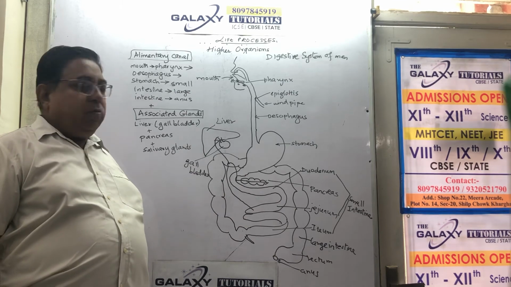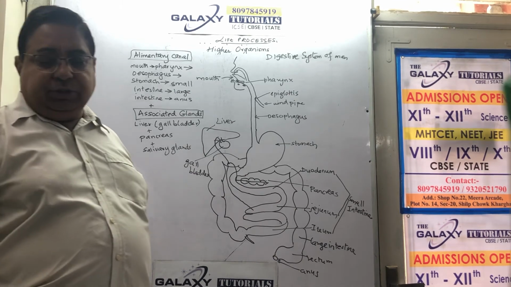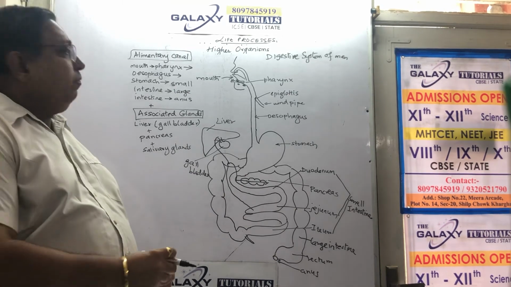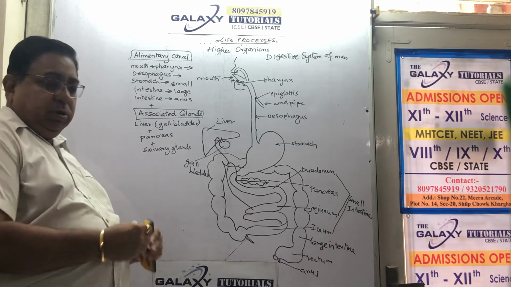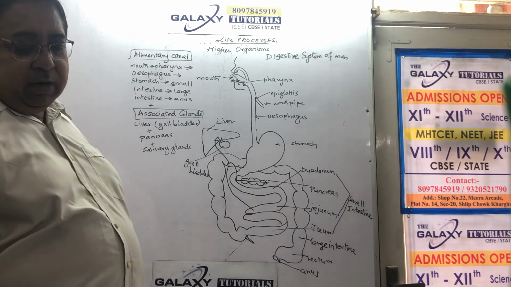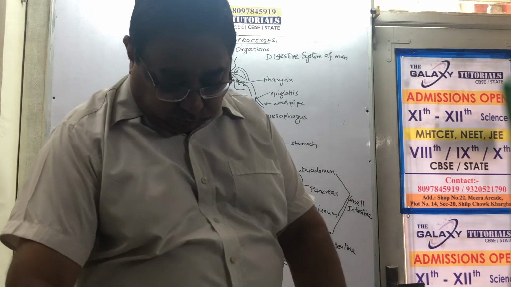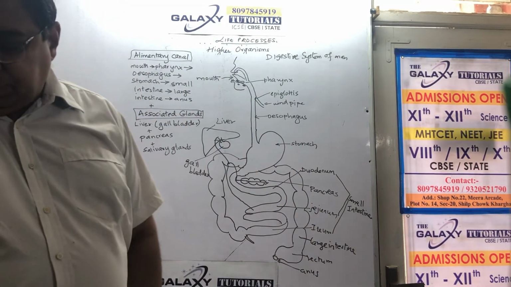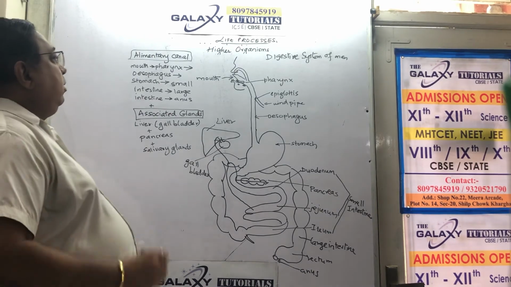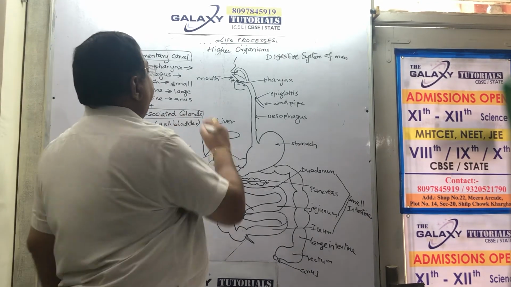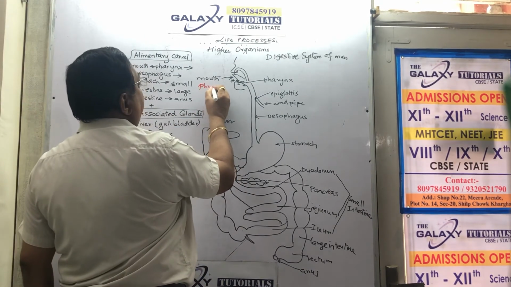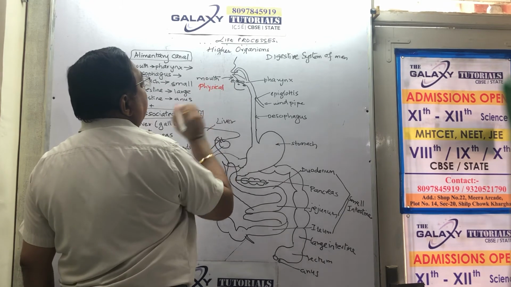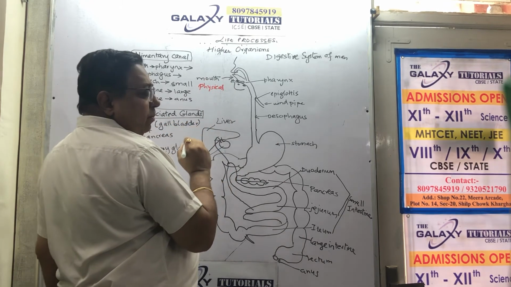Okay, now we will look at the functions. We will look at the functions, what they do. Okay, and what happens. Okay, let's begin. Mouth, we have physical digestion, that is chewing of food.